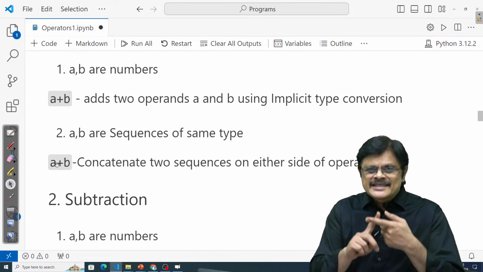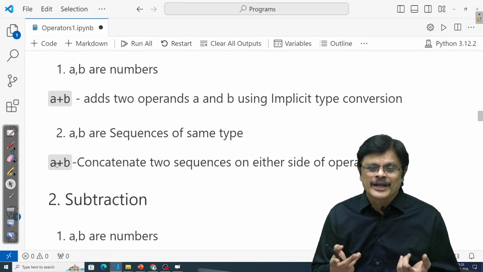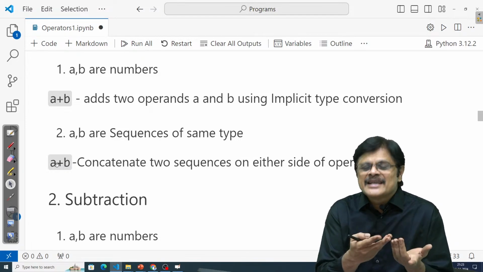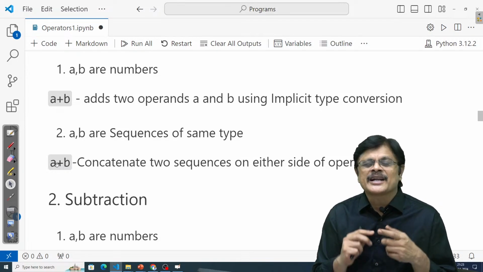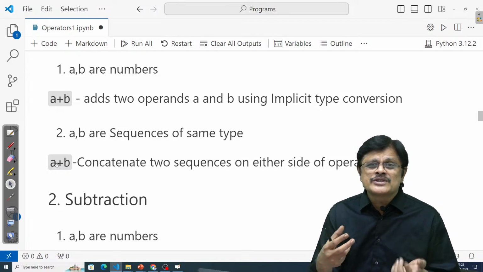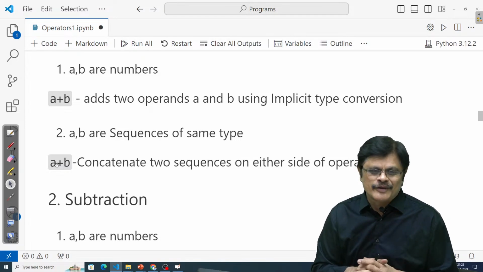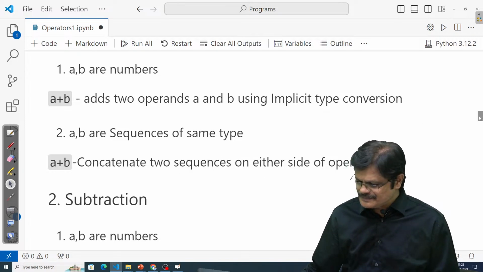That is, the same plus operator we can use for different purposes. The same plus operator I can use with numbers for finding the sum of two numbers, and the same plus operator I can use between two sequences of the same type, so that I can concatenate those two fellows. That is the idea here, my dear friends. So let us start with this.